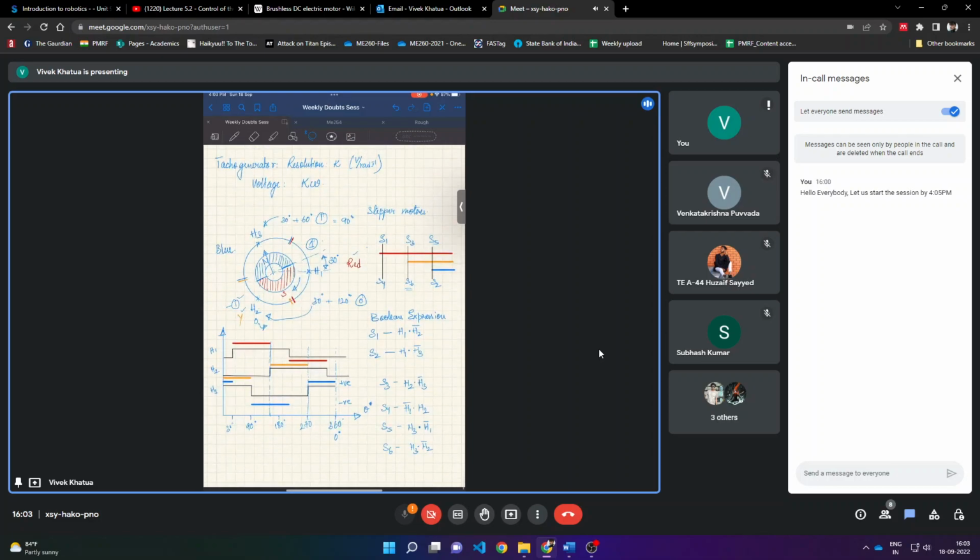So we know the induced EMF that comes from a BLDC motor. All this waveform that you see, this red is where the flat curve of the induced EMF will be. This is what is indicated as red for the red phase, right?